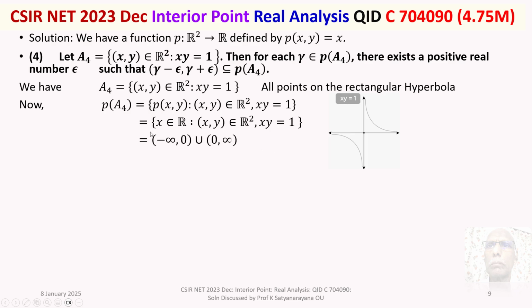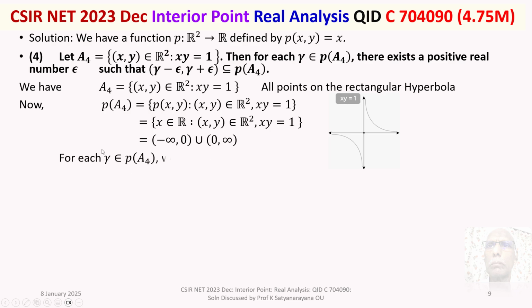That is, minus infinity to 0 union 0 to infinity. x is equal to 0 is not included. Right? If you take x is equal to 0, there is no y. So 0 is not included. Each is an open interval, therefore it's an open set. The union of open sets is again open, therefore this is open.